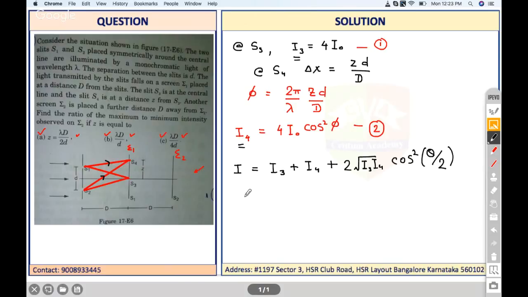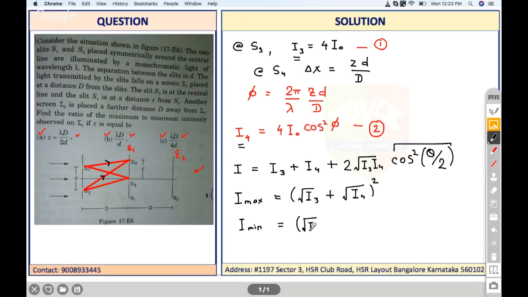Since only maximum and minimum values are asked, I max is when cos theta equals plus 1. So I max will be equal to root I3 plus root I4, the whole square.